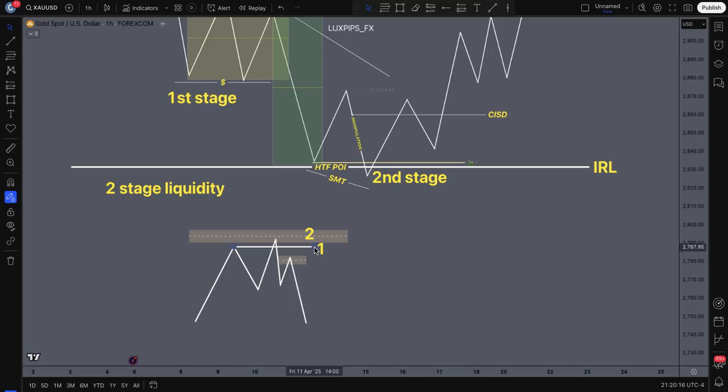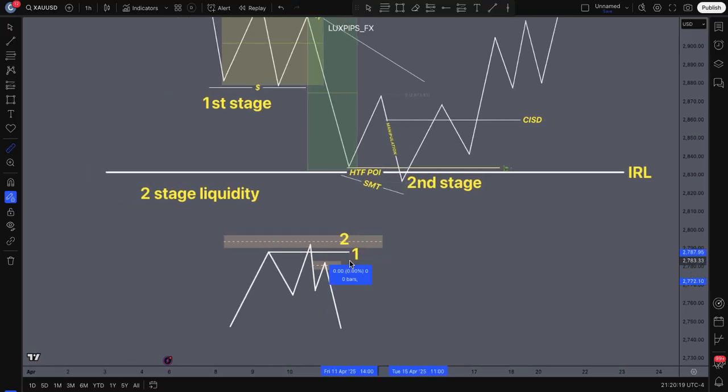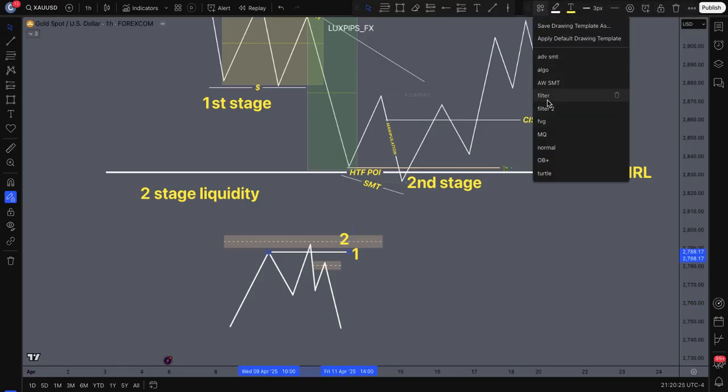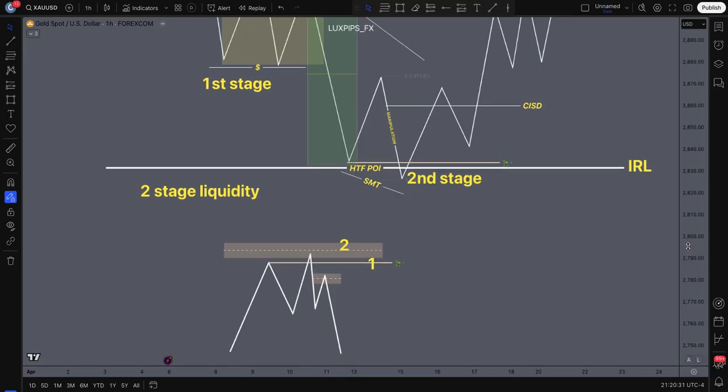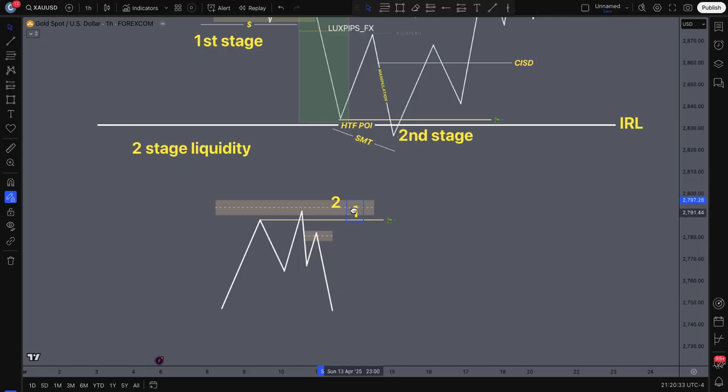This is mostly how you look for, what the heck, sorry. People know this as turtle soup. This is how you frame a turtle soup trade.